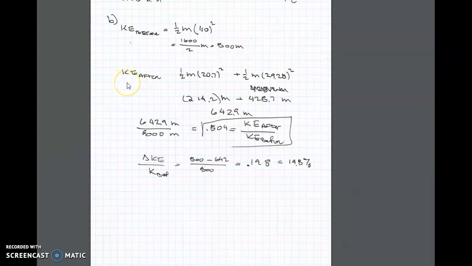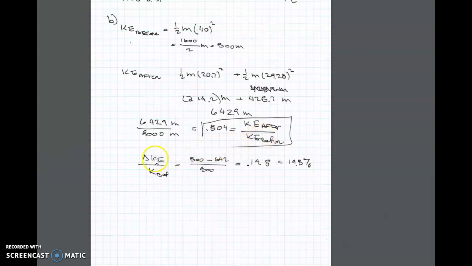The kinetic energy after the collision is equal to 1/2 m times the sum of the squared velocities, and this equals 0.804, which is the ratio of the energy after the collision divided by the energy before the collision.